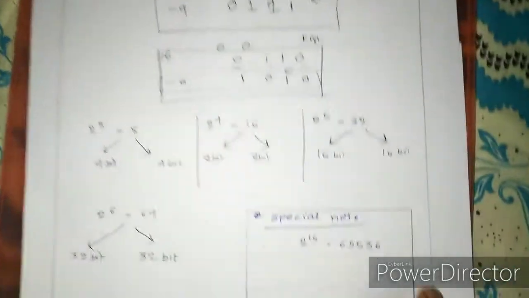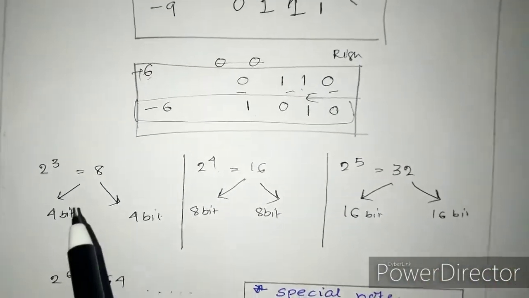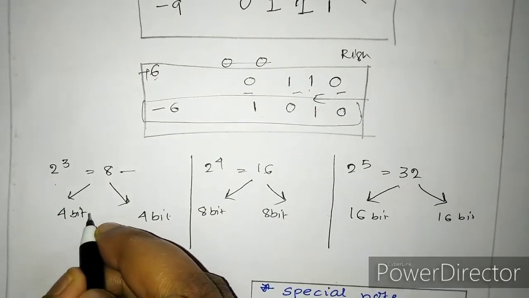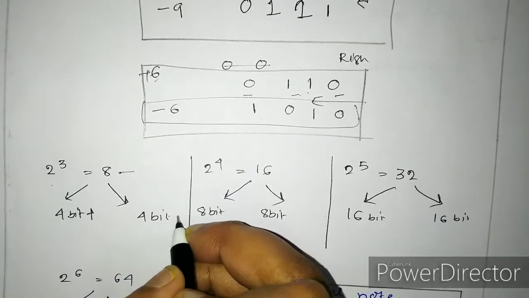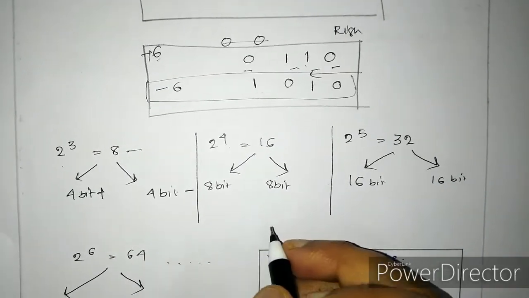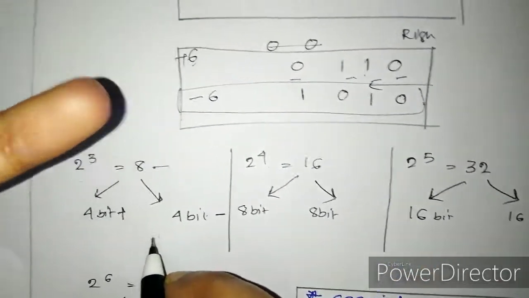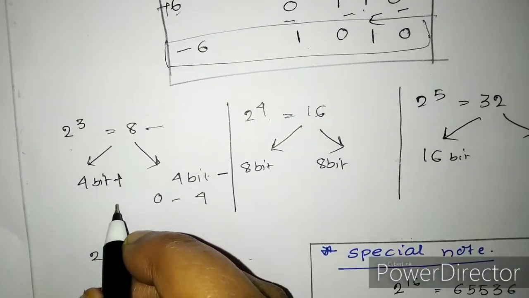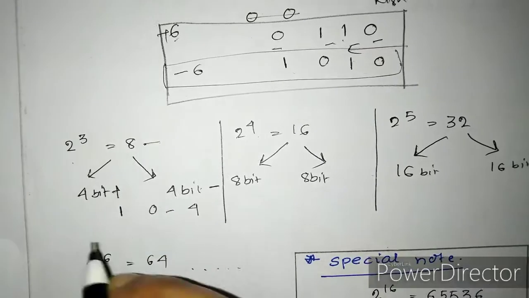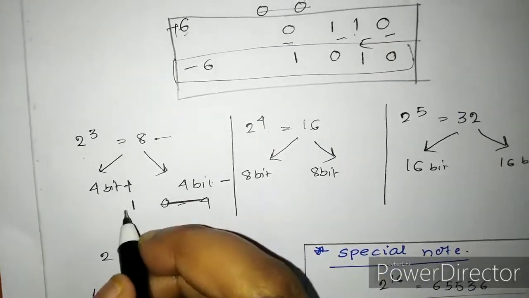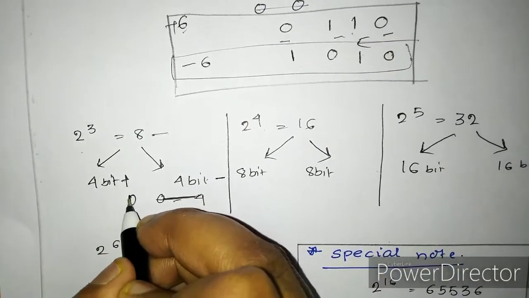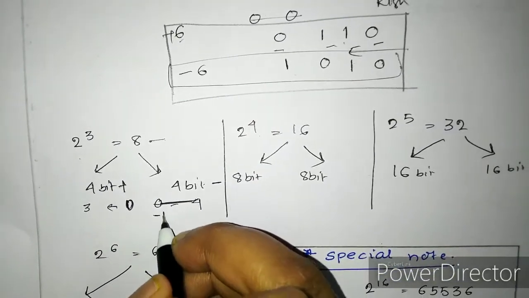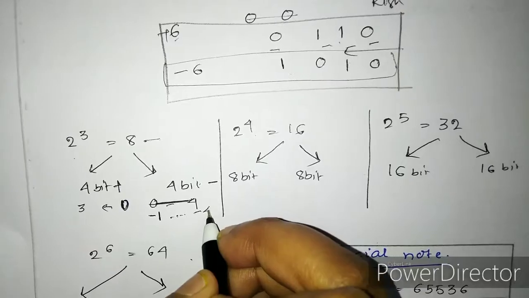Now suppose it is a 3-bit number, then it will be 2 to the power 3, which means 8 combinations, where 4 will be positive and 4 will be negative. So positive numbers will be 0, 1, 2, 3, and negative numbers will be minus 1 to minus 4.